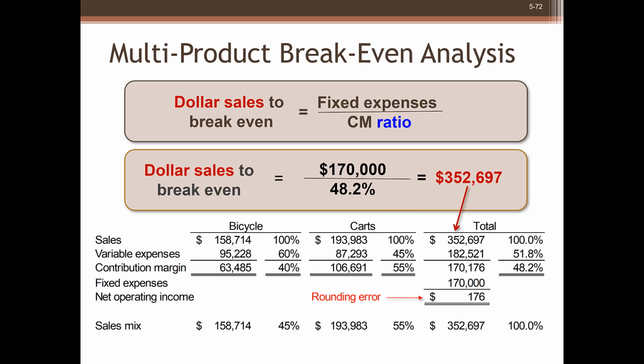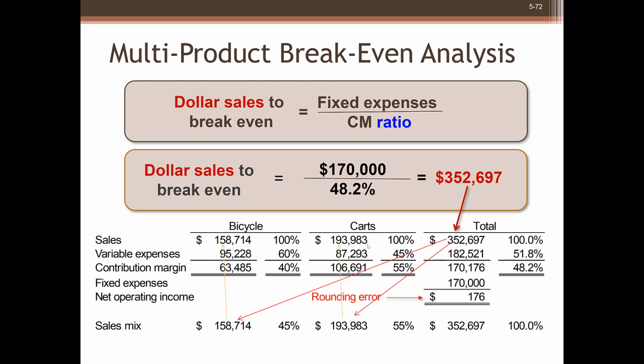So now we can calculate break even for bicycle sales: total sales for the company multiplied by 45%, and then we can get $158,714. For cards, we use total sales multiplied by 55%, and we can get $193,983. This is dollar sales to break even for cards.